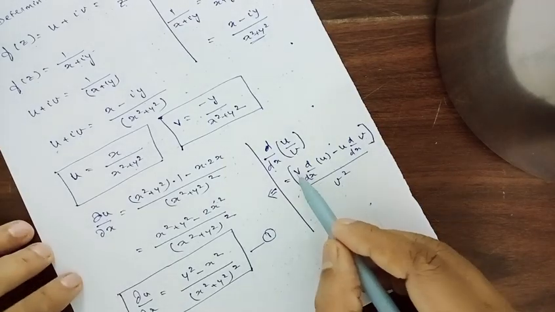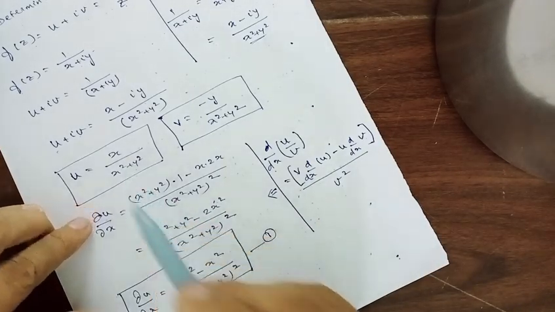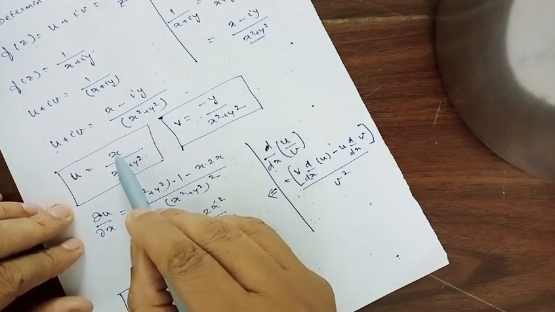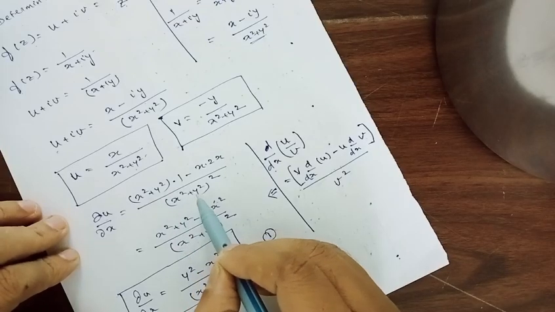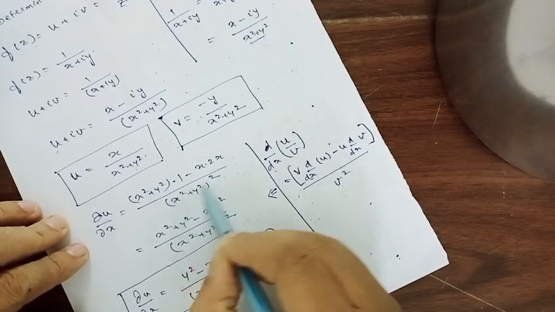So here v is nothing but x square plus y square. This is the u by v formula. Now x square plus y square divided by x square plus y square the whole square. It should be v square here.